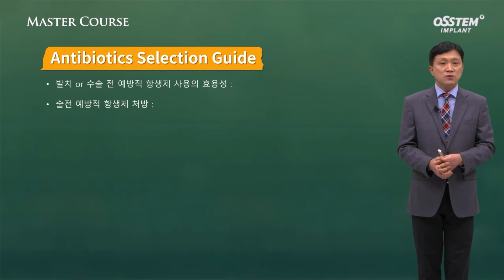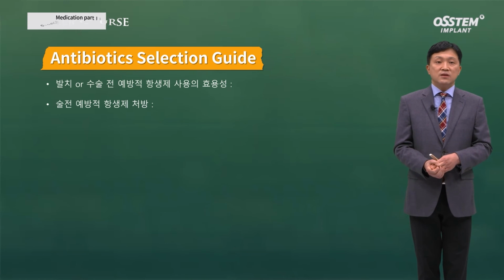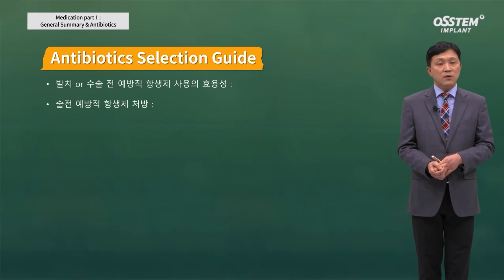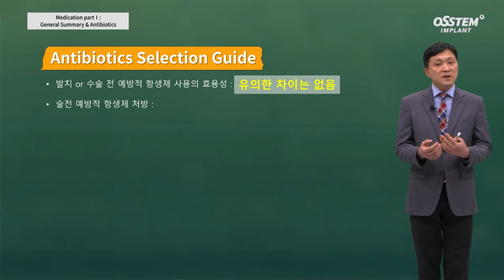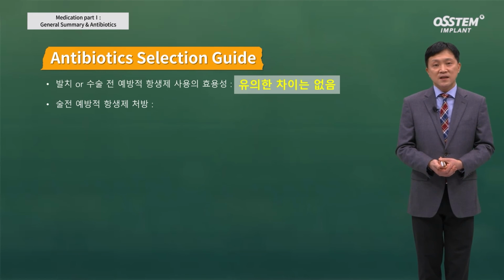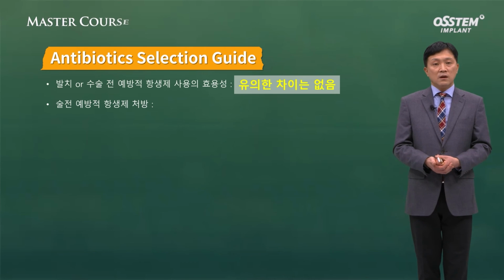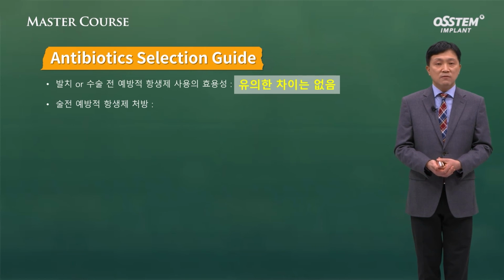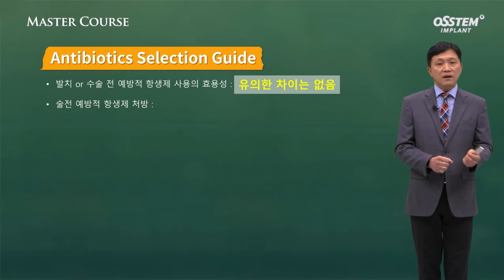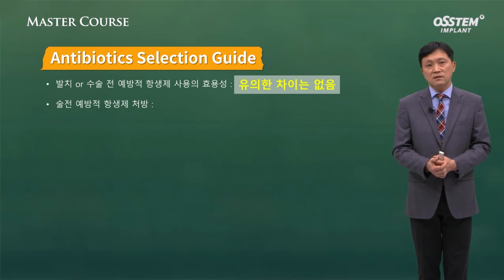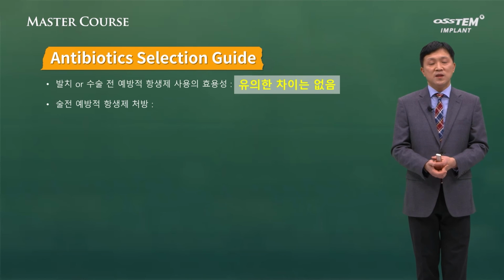The selection guide. Before extraction or surgery, is it good to use preventive antibiotics? Generally, the answer is yes, but there is no significant difference. However, when a problem occurs, whether we used pre-op antibiotics or not makes a difference.